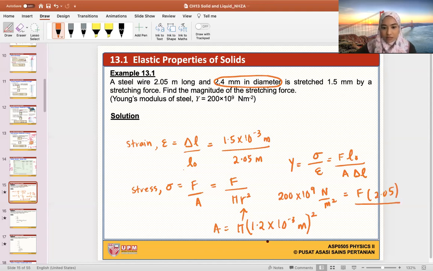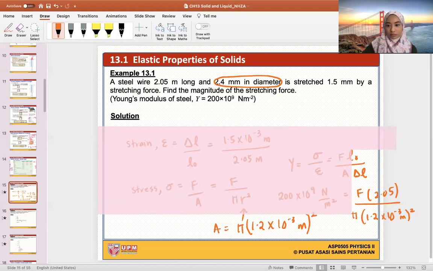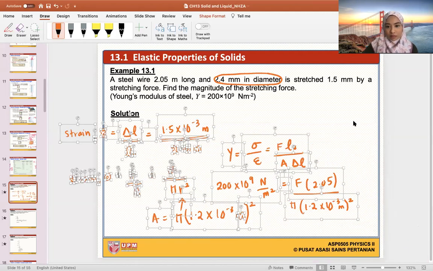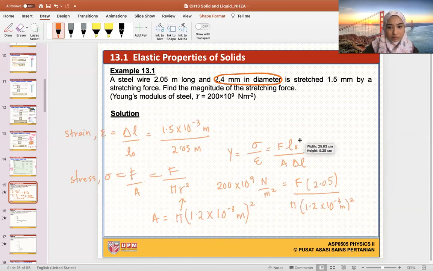And A is, this is the guy over here, times 10 to the minus 3 meters squared, pi r squared is A, and the change in length is stretched by 1.5 millimeter. So that is, let's make it smaller. Is it possible?